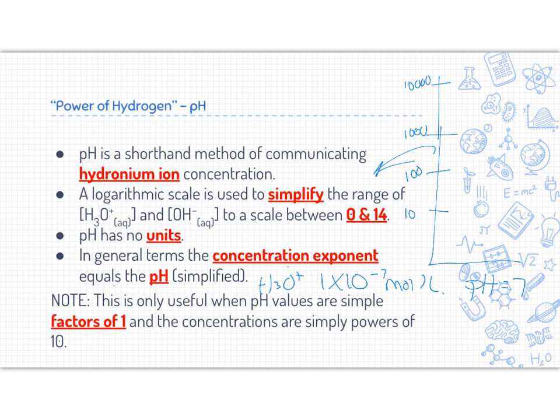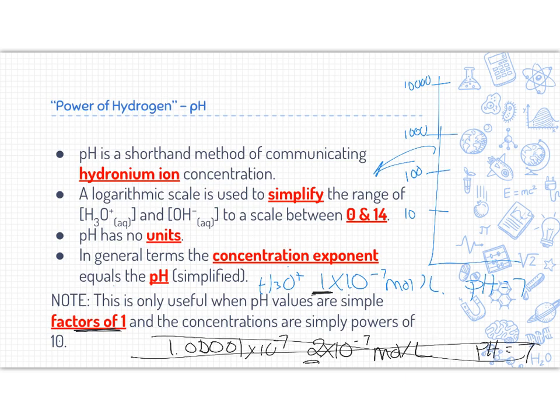Note that this is only useful when the pH values are simple factors of 1 and the concentrations are powers of 10. So this has to be a 1 times 10 to the 7. I can't say that the pH is 7 when it's 2 times 10 to the 7, or when it's 0.00001 times 10 to the negative 7. I cannot say that the pH is 7. It has to be exactly 1.